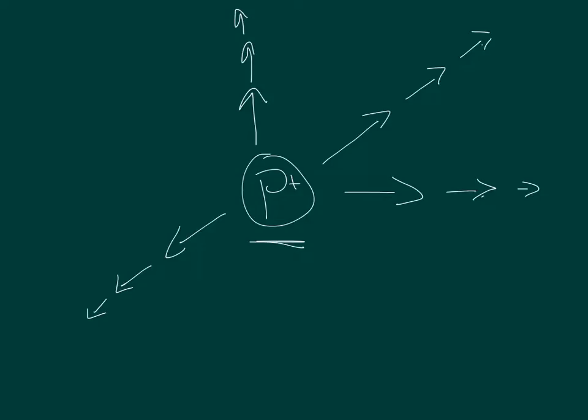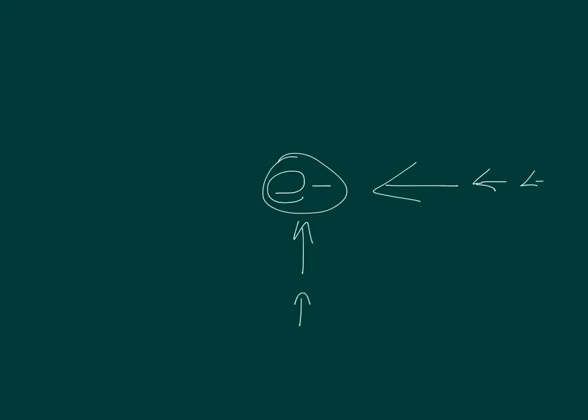So, if that's a field for a positive charge, now let's just make one little change. Now let's have an electron or a negative charge here at the beginning. A positive charge will behave differently now. It will be attracted. That attraction will fade away the further you go out. It gets weaker.